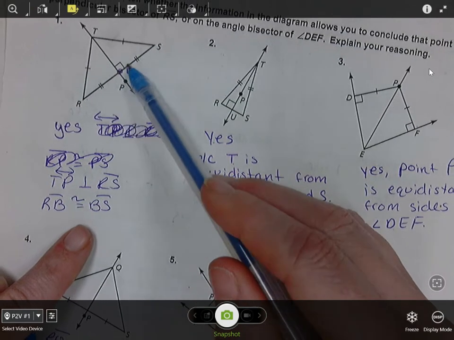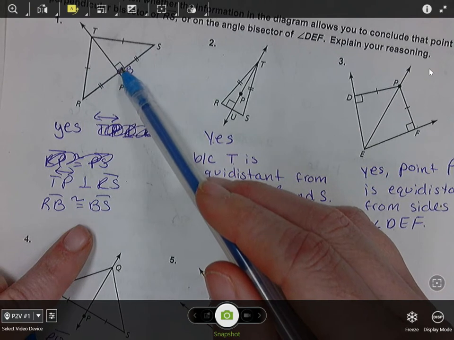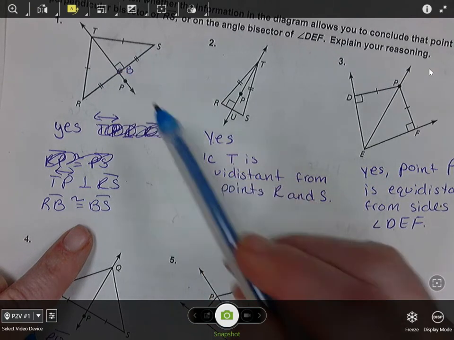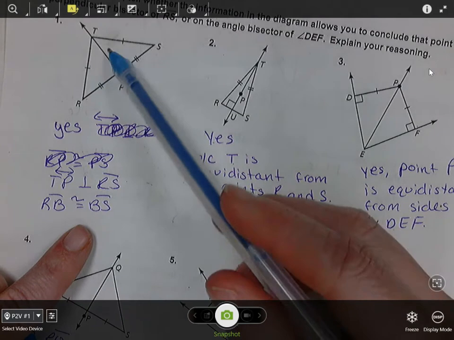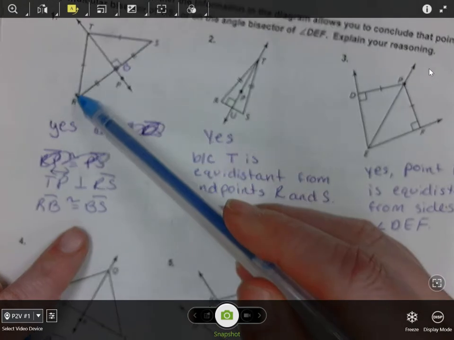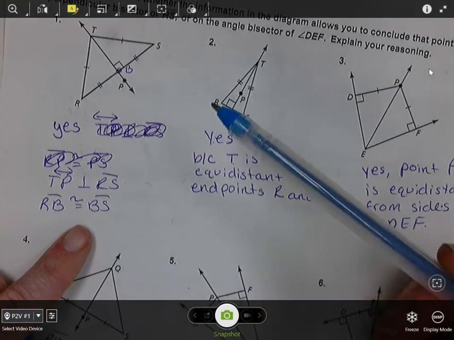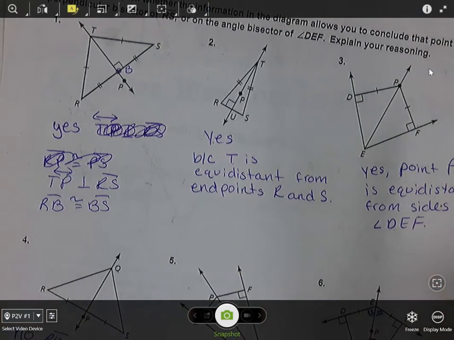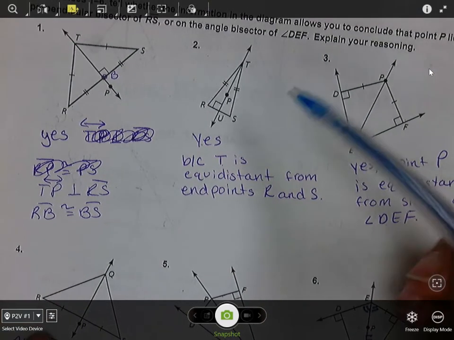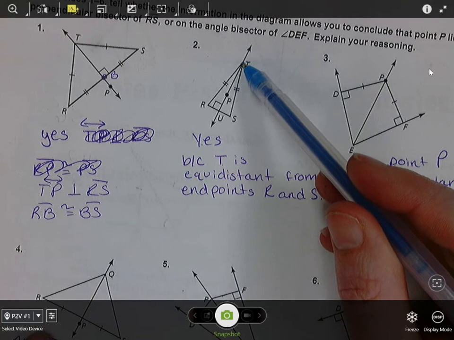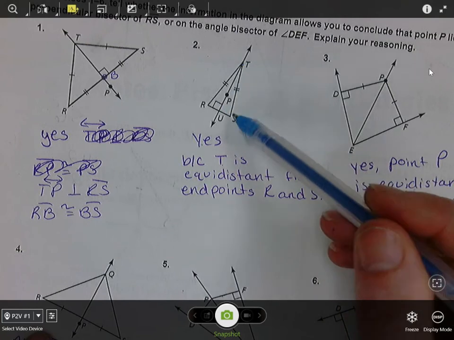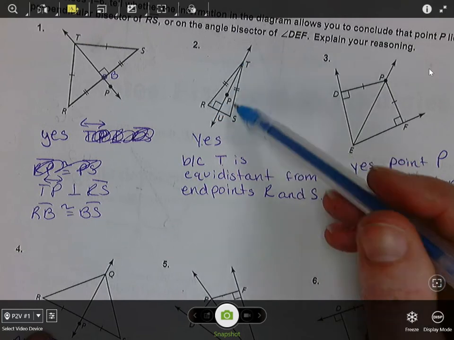Since these two are congruent, and since that's perpendicular, the answer is yes. You could have also said yes because T is equidistant to the endpoints R and S, because those two are congruent. Number two is yes, and that's because T is equidistant from endpoints R and S. TR is congruent to TS.